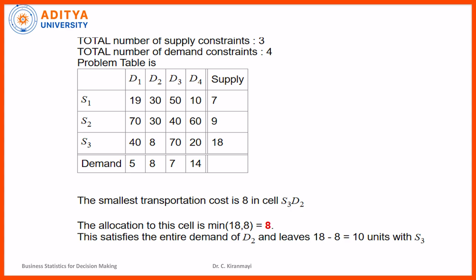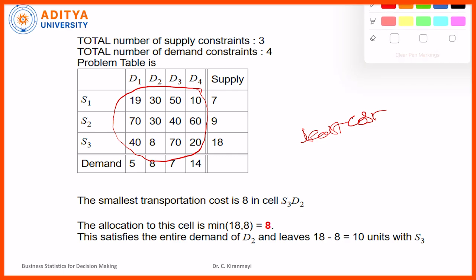The term itself suggests the meaning: least cost method. That is, we have to consider the cell which has the least cost, and to that cell we make the allocation.